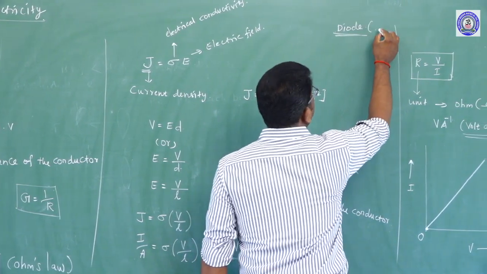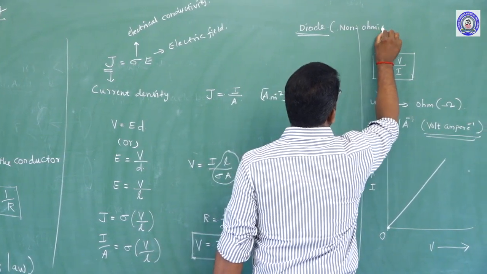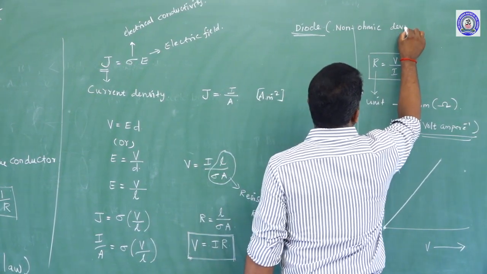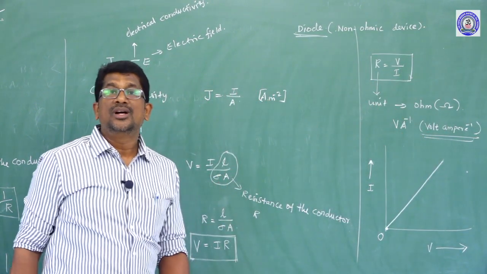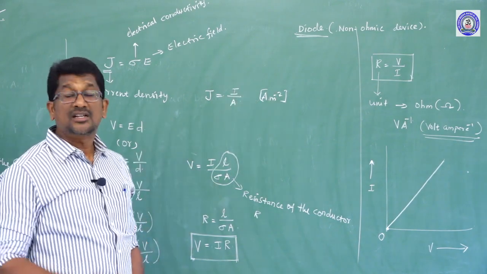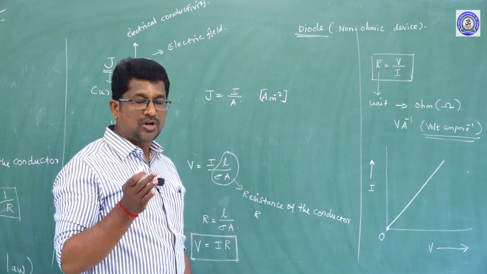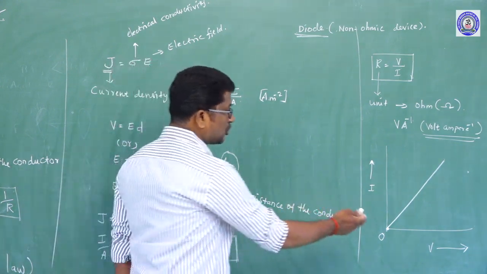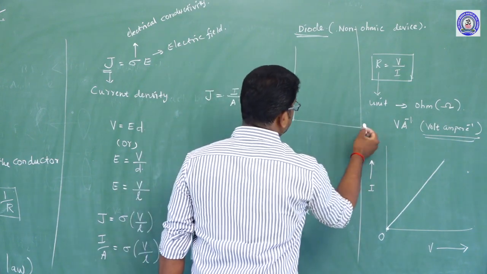Diode is one of the non-ohmic devices, because the diode does not obey Ohm's law. So, that is why it is a non-ohmic device. For a non-ohmic device or non-ohmic material, the nature of the voltage and current graph is like this.